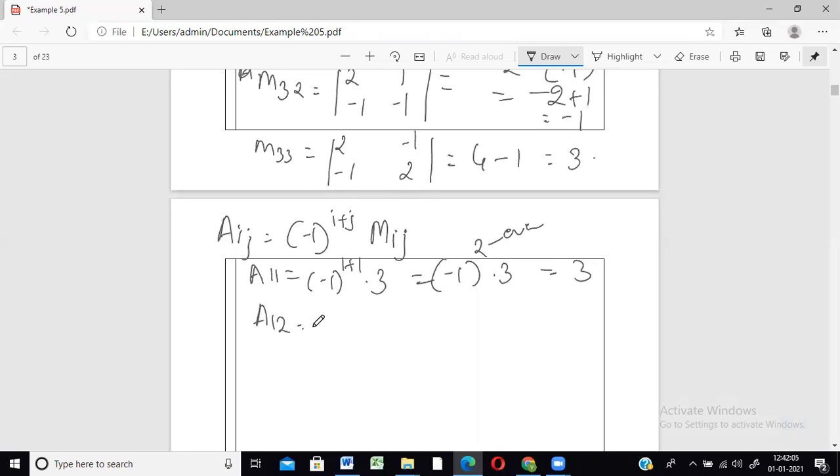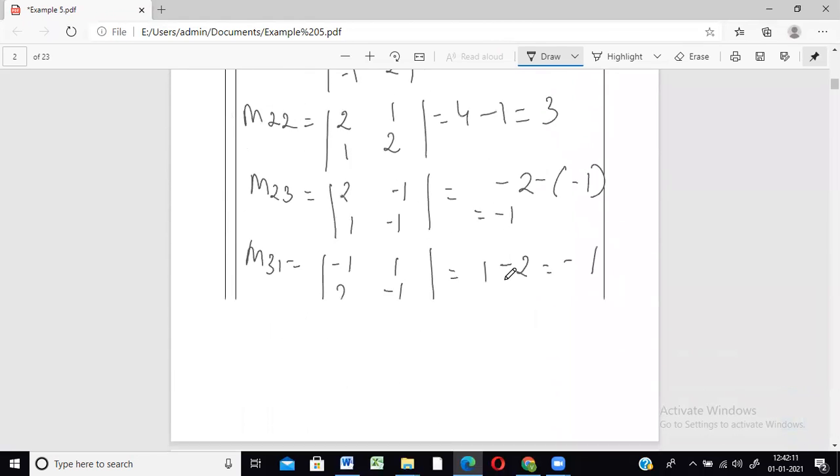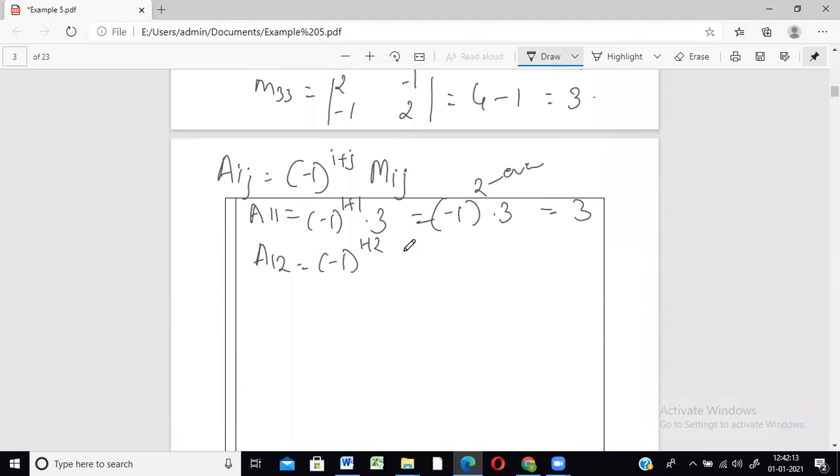Now A12. This is -1 raised to 1 plus 2 into M12. What is M12? -1 into -1 is 1 plus 2, right? So this will be -1 raised to 1 plus 2 is 3, that is an odd power, right? So odd power means this -1 will remain. So this will be 1. Okay? Are you understanding the difference now?